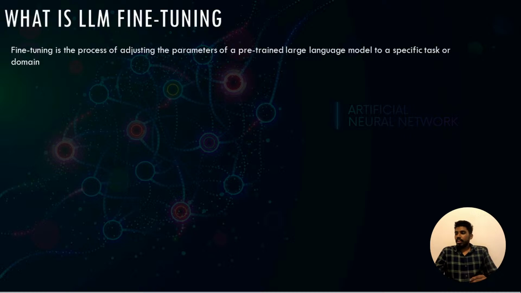So fine-tuning is a process of adjusting the parameters of pre-trained large language models to do a specific task or domain. First is the unstructured data.